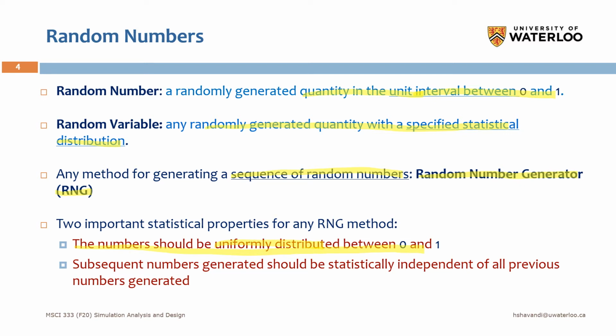This means that if we generate several numbers between 0 and 1, and draw a histogram, grouping the numbers between 0 to 0.1, 0.2, up to 0.9 and 1, then the histogram should be somewhat uniform, with equal numbers in each interval.